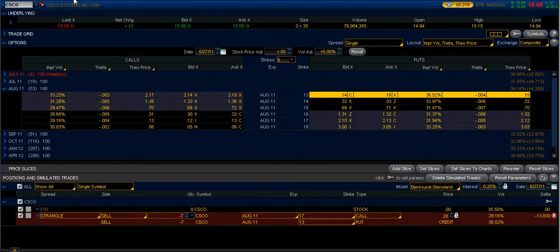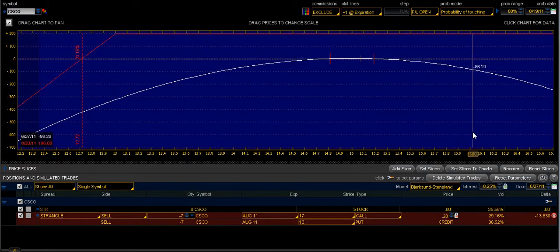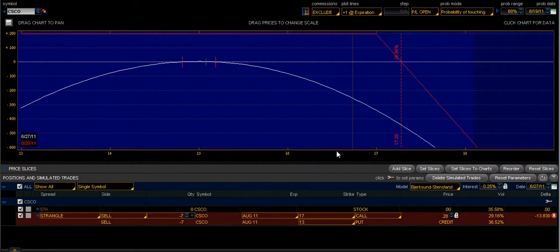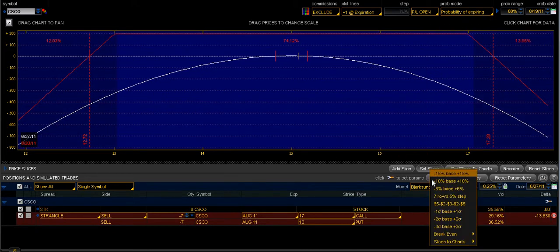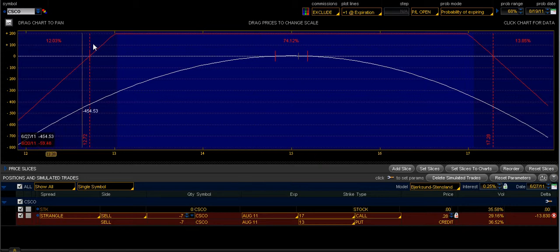We're going basically neutral. As long as until August the price of Cisco stays between $17 and $13, we make money. Now to do probabilities on this, we can open this up, which gives us a probability model. We say, alright, what is the probability of us breaking even? And actually, just for simplicity, I'll say, what's the probability of Cisco being between 13 and 17 on the options expiration date? 67.75%.